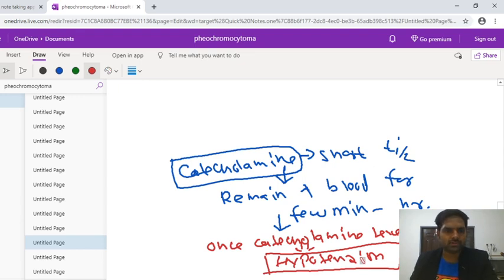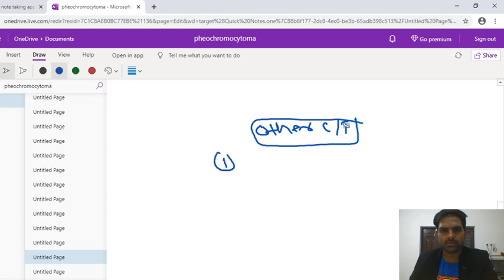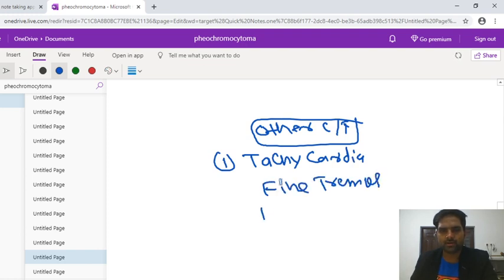Okay, now let's see what will be the other clinical features. What will be the other clinical features in a patient of pheochromocytoma? The patient will have tachycardia. The patient will have fine tremor. The patient will have impaired glucose intolerance.